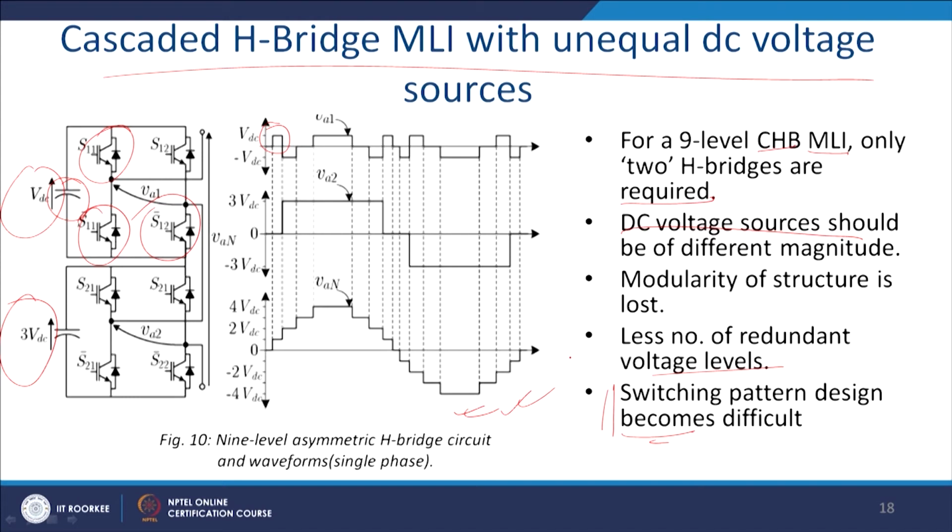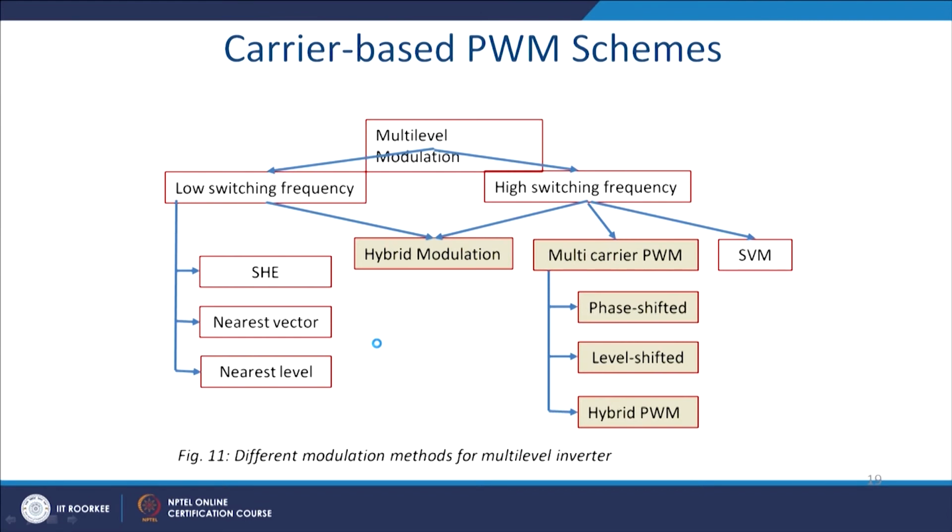So, with a smaller number of cascaded H bridges, you can generate multi-level, different levels of the inverter. Now let us invest our time on the PWM technique that is suitable for your multi-level inverter.